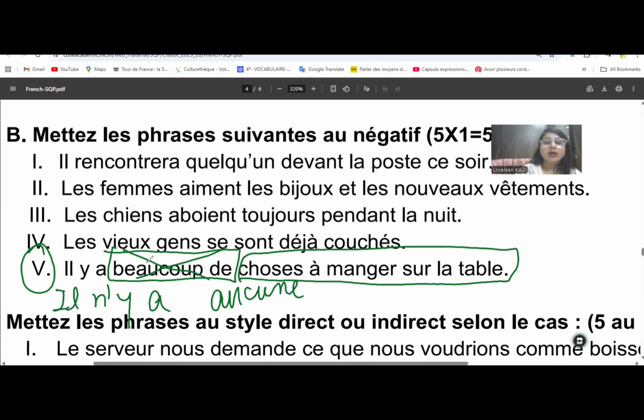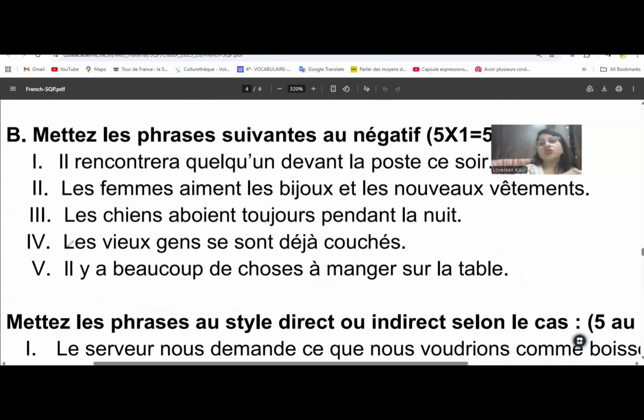Beaucoup de will go. This is correct grammatically, right? "Il n'y a aucune chose", but chose will be singular. There is no thing or nothing, something like that. But "no thing" is a bit odd when we say it. In natural, common French, we don't say "il n'y a aucune chose". So, grammatically correct, but we do not use it this way.